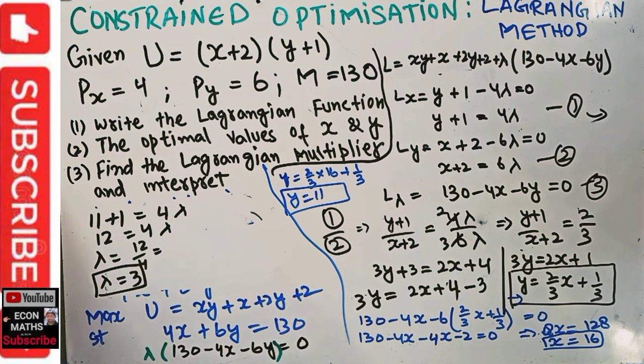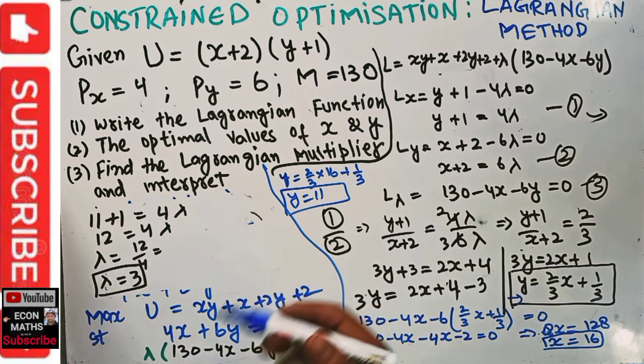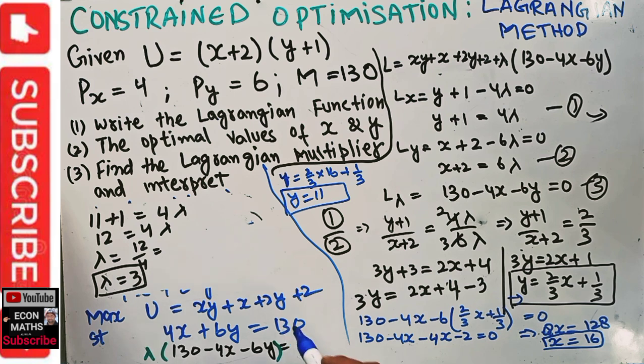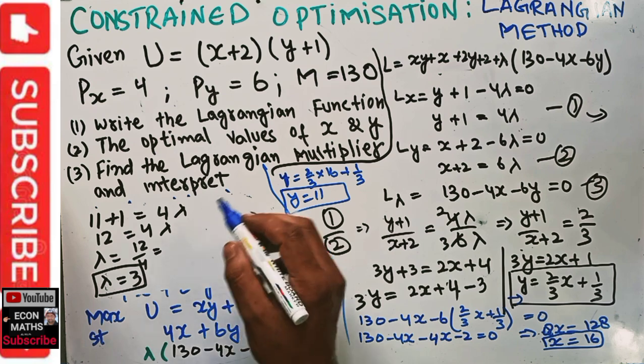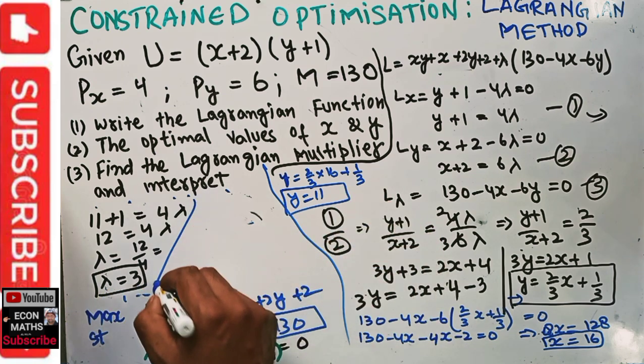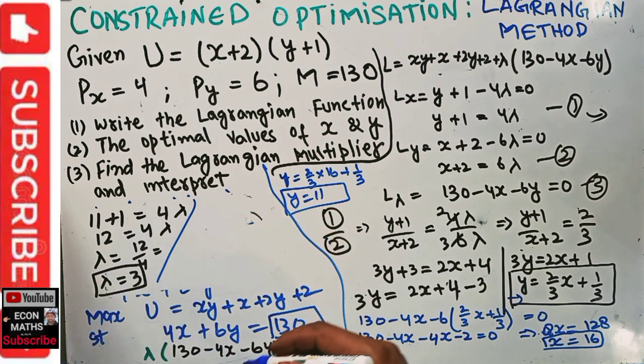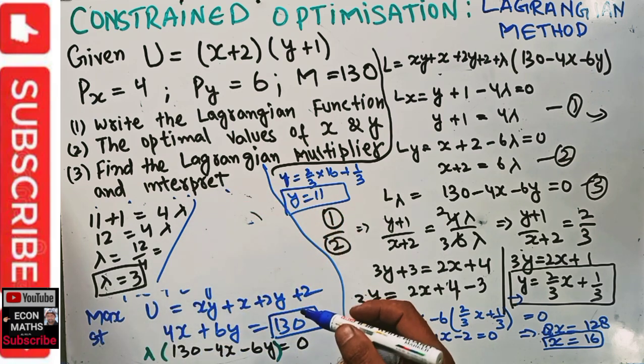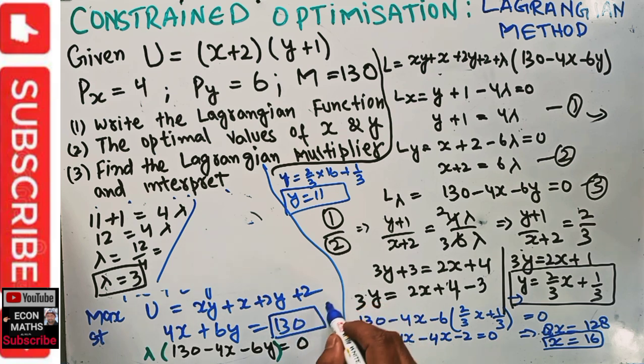And to interpret it, it simply tells us how the utility changes when there is a change in the constant of the budget constraint. Simple thing: how much utility will change if the constant of the constraint changes. So what is the constant of our constraint? It is income here. So the constant of the constraint is here 130.